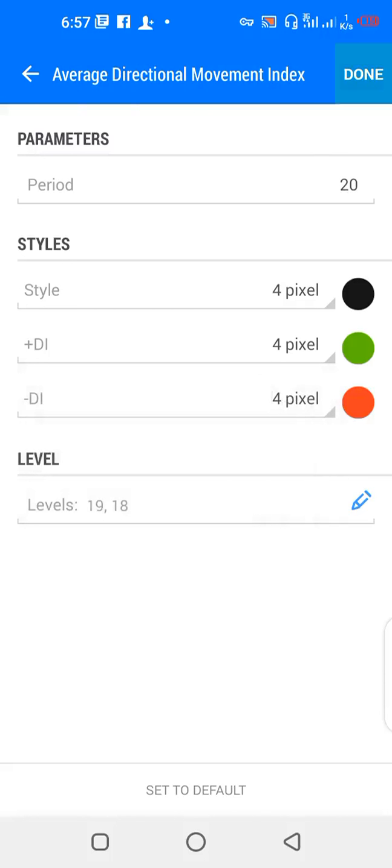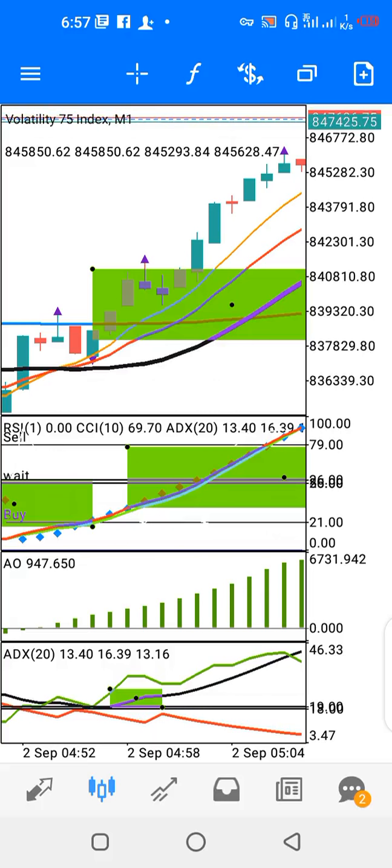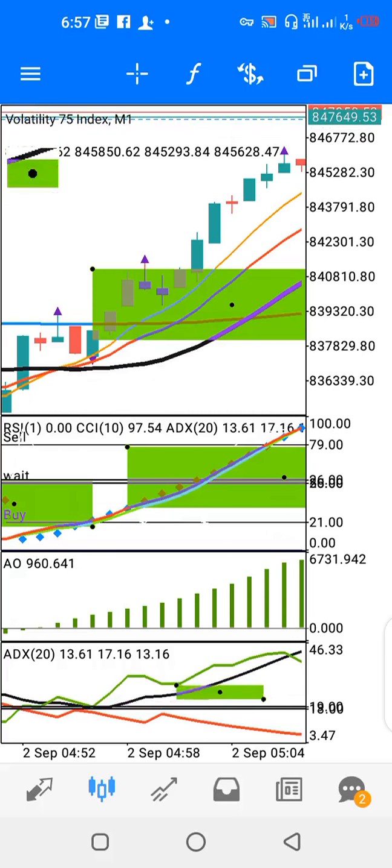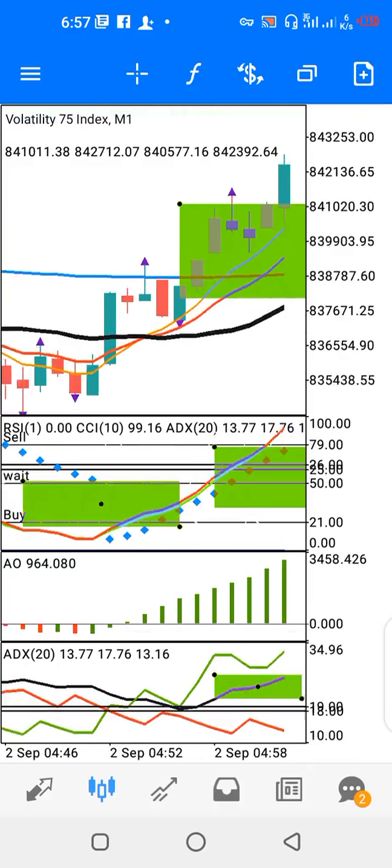When the black ADX line crosses above the 18, 19 level, then that's the time for you to place your trade.